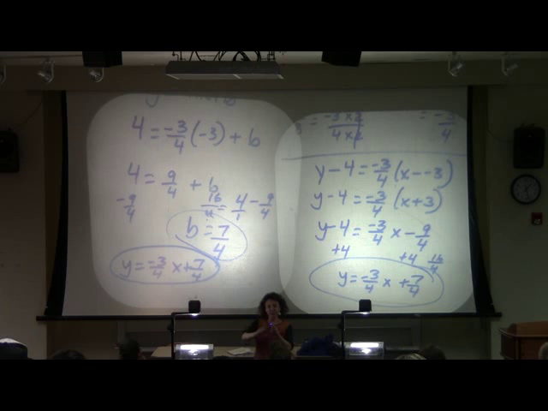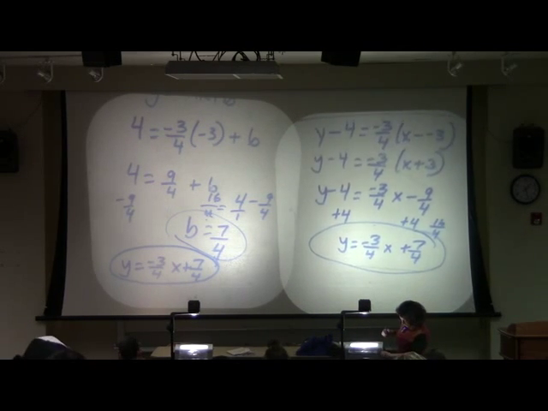Now, again, if fractions are funky to you, or any of this algebra stuff is funky for you, this is good stuff to review over break. Okay? All right. Now, what I would like to do is this.